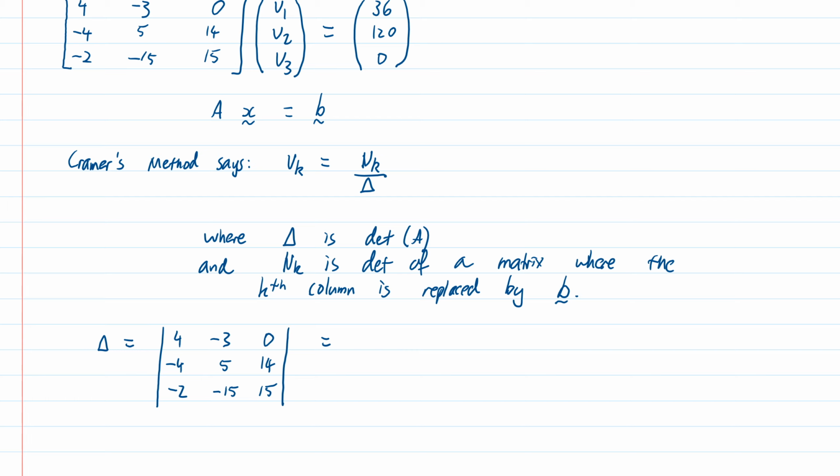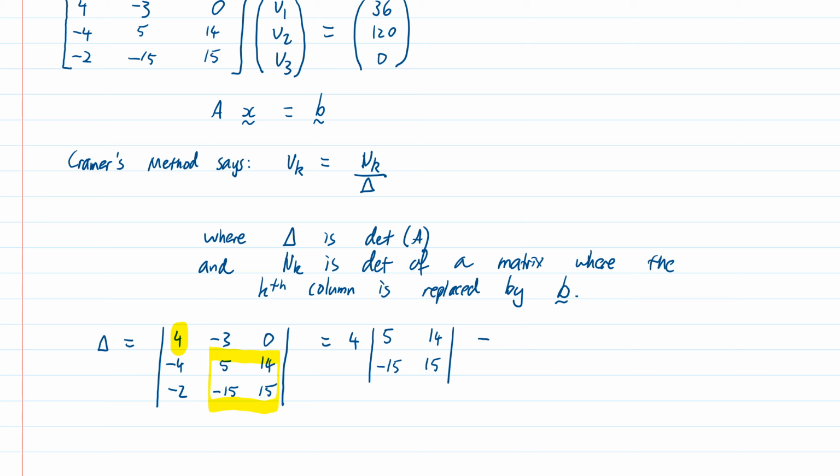I take the upper left cell and I write 4 times the determinant of the matrix in the other columns and the other rows. So that's the determinant of 5, 14, minus 15, and 15. Then I have a minus.